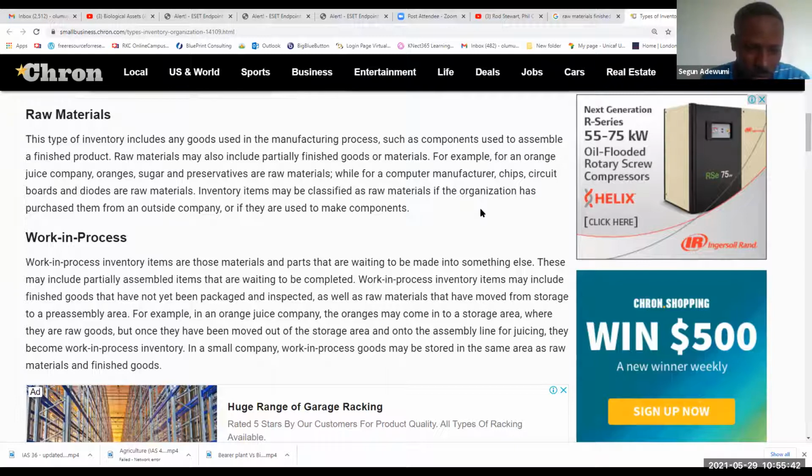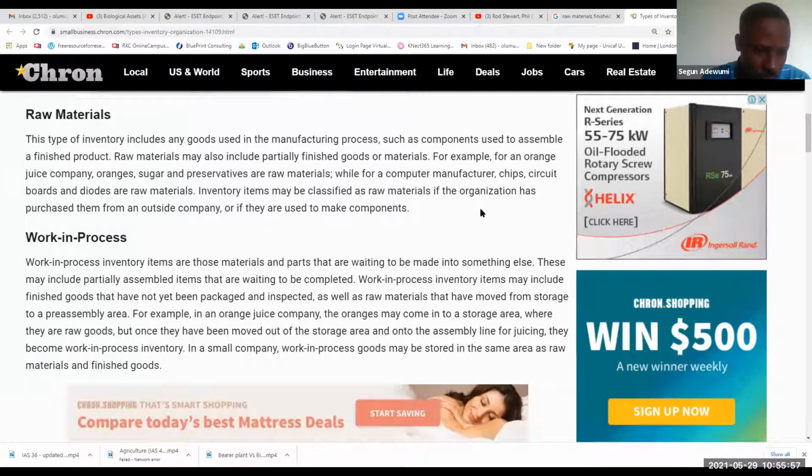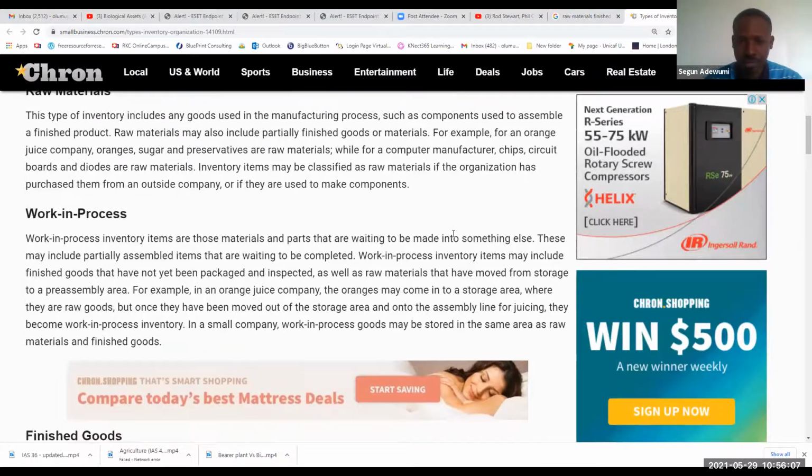For example, in an orange juice company, the oranges may come into a storage area where they are raw goods, but once they have been moved out of the storage area and onto the assembly line for juicing, they become work in process inventory. In a small company, work in process goods may be stored in the same area as raw materials and finished goods.